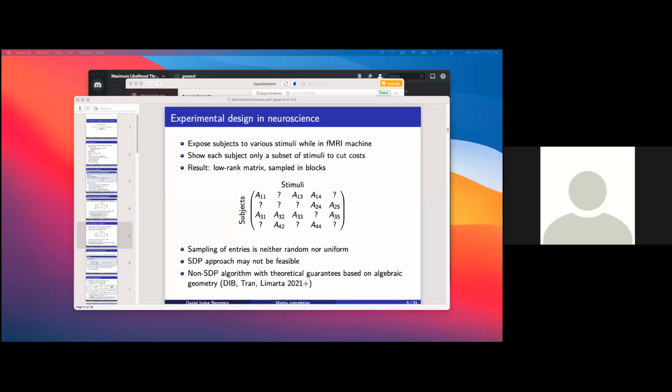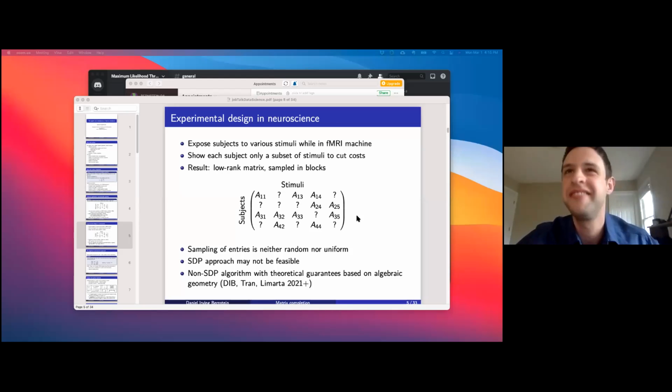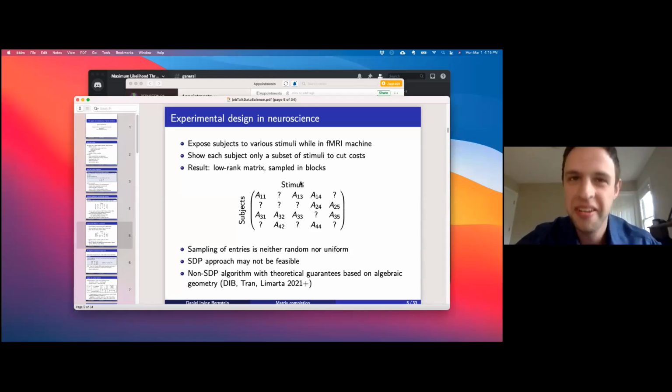I unplugged my second screen so that it would take less bandwidth, but then I realized that I can't see people's faces.